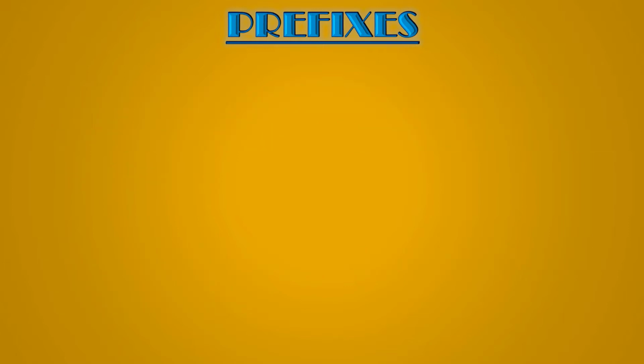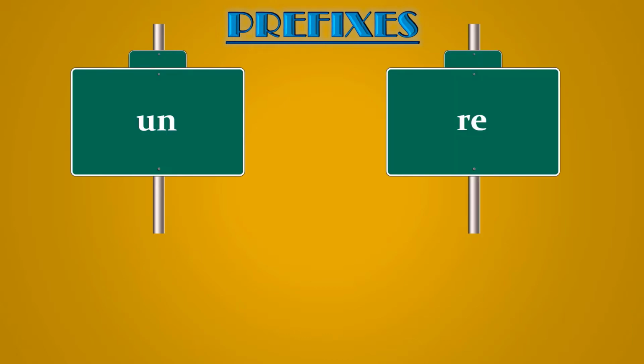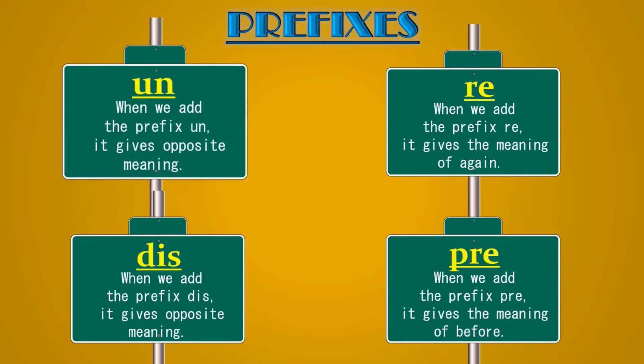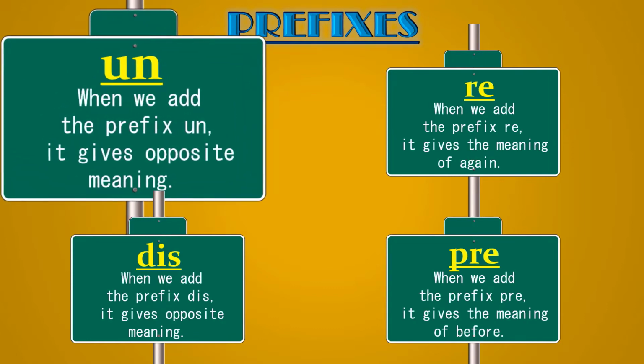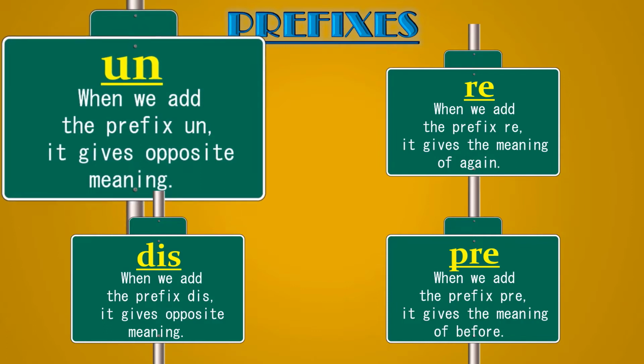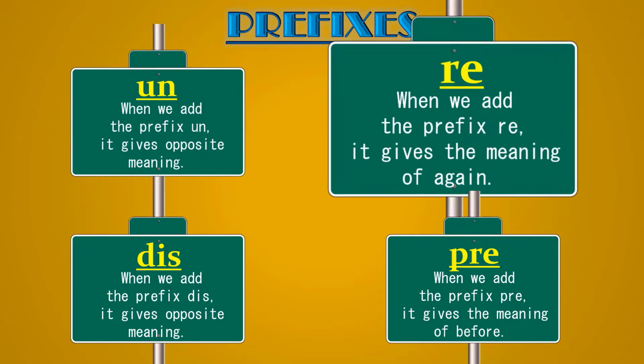Let us see how to use un, re, dis and pre. Un. When we add the prefix un, it gives opposite meaning. Re.